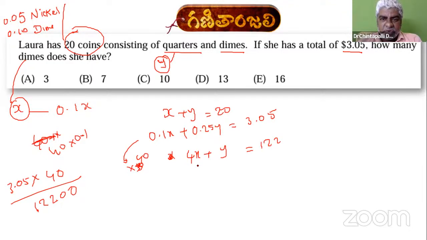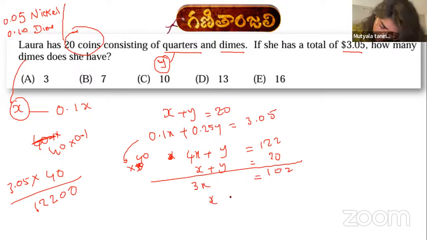Now x plus y is equal to 20. Subtract. It gives 3x equals 102, so x is 34.